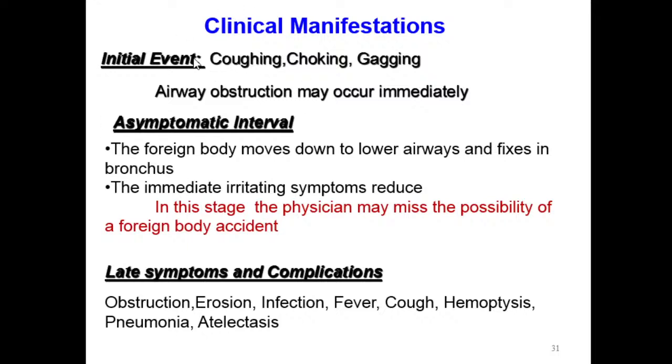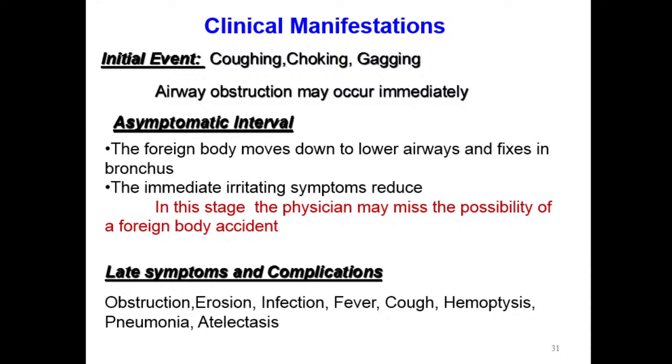After this, the reflex symptoms of coughing, choking, gagging reduce, and if the parents also miss this situation, the foreign body may stay in the lower respiratory tract for quite a long period of time.